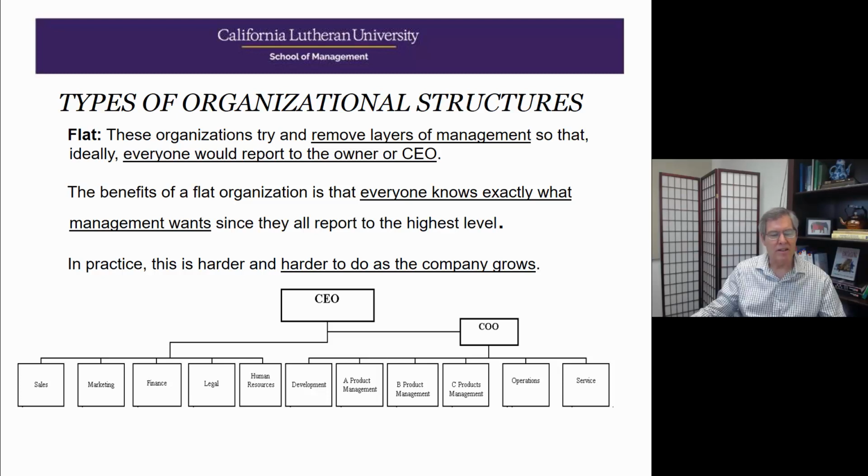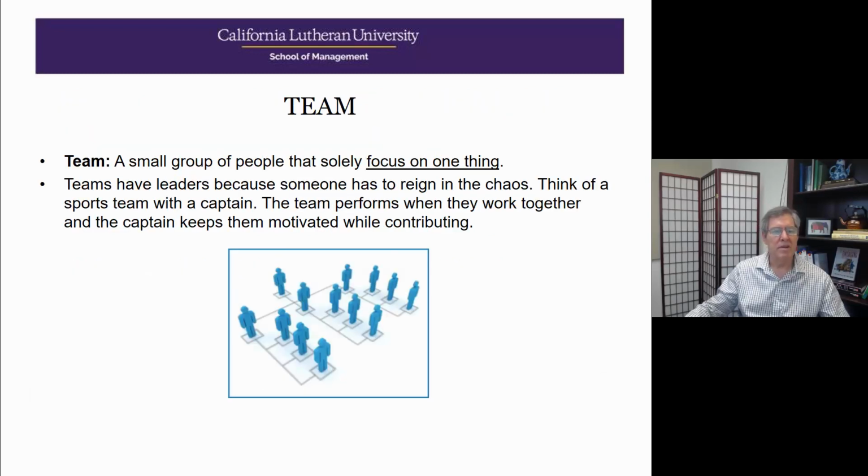So then, after a while, it starts moving into a bureaucratic type organization. The team, a small group of people that solely focuses on one thing. Teams have leaders because someone has to rein in the chaos. Think of a sports team with a captain. The team performs when they work together, and the captain keeps them motivated while contributing.